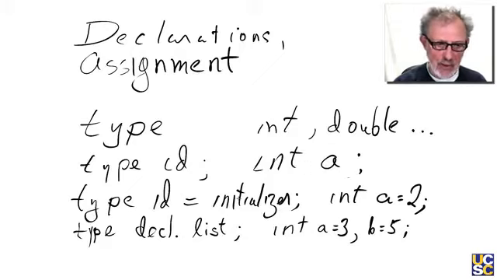Then a more complex example is a type, identifier, followed by the equal sign, and an initializer. This is not assignment, this is initialization. It occurs in the declarations. Declarations, by the way, occur at the head of a body of code or at the head of the program.